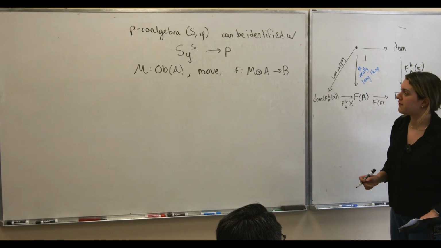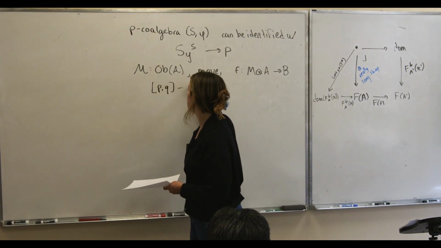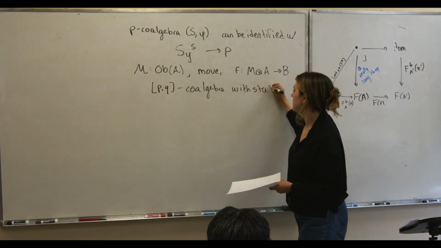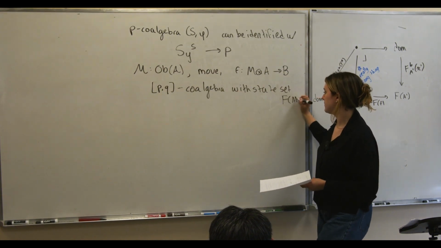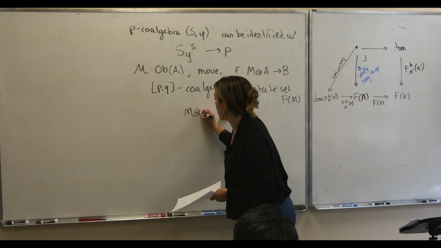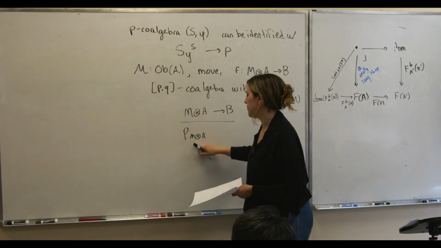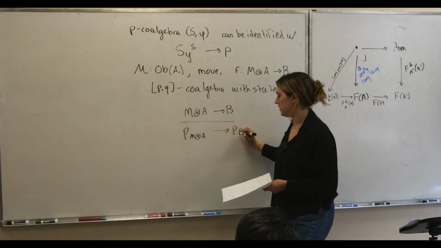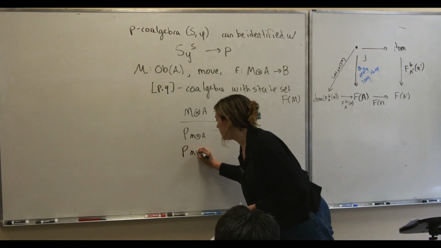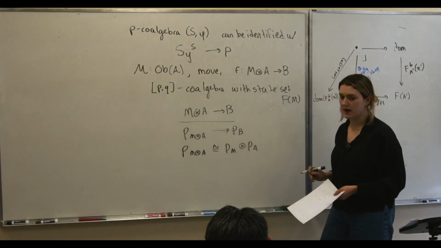So we're going to define a PQ coalgebra with state set f of m as follows. Because we have f from m o times a to b, we get some function from pm o times a to pb, and then pm times a is isomorphic to pm times pa.